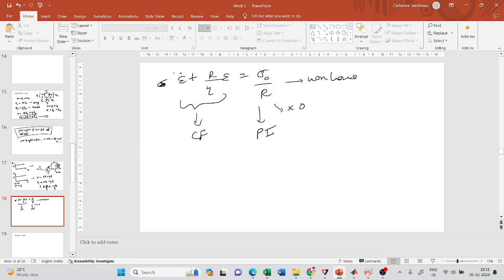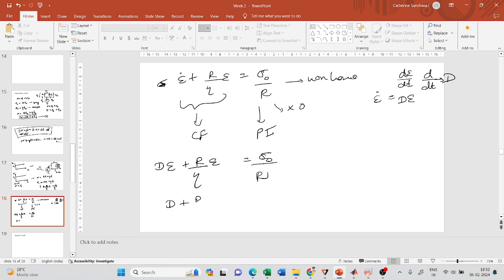Since this is a differential equation in epsilon with respect to t, I'm simply going to replace d by dt with capital D. So this I'm going to write as D into epsilon plus r by eta into epsilon equals sigma naught by eta. First, to find the characteristic function, I will take the left hand side of the equation, with epsilon constant.